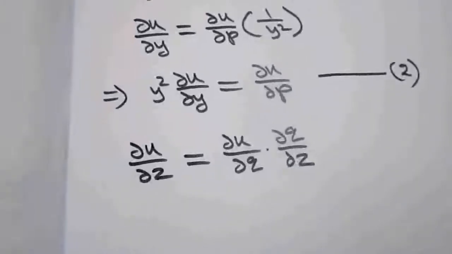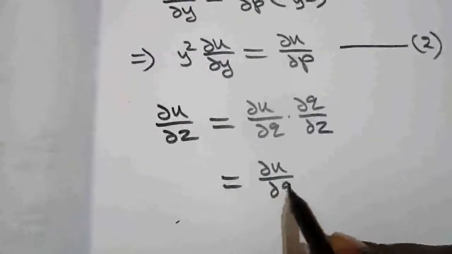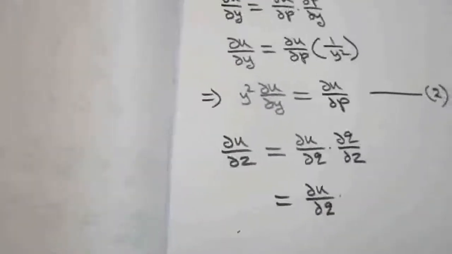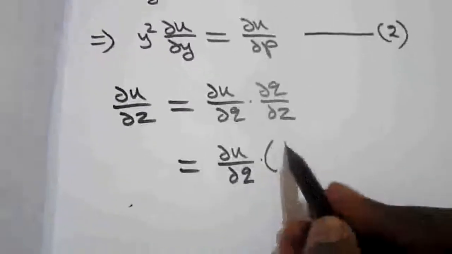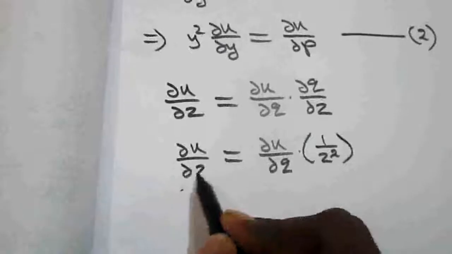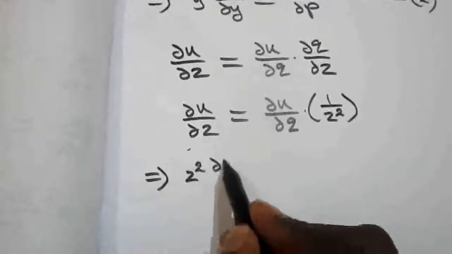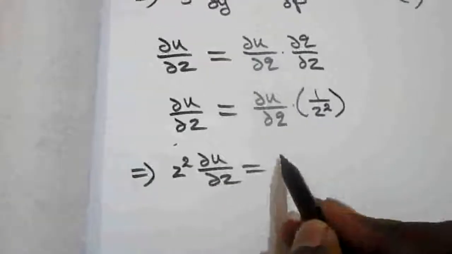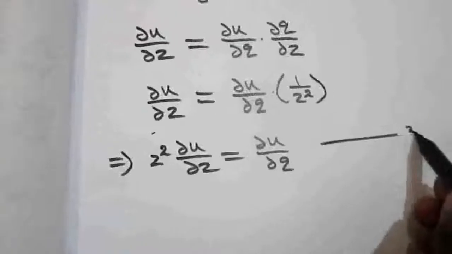But already we found ∂q/∂z. So what is ∂q/∂z? ∂q/∂z is 1 by z square. So this is ∂u/∂z. Take z square here, which implies z square into ∂u/∂z is equal to ∂u/∂q. This is equation number 3.